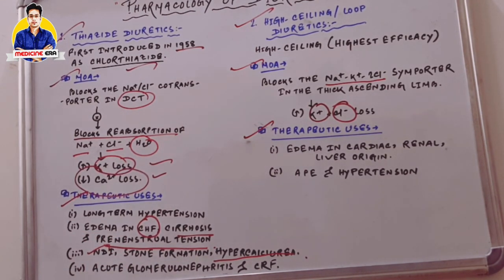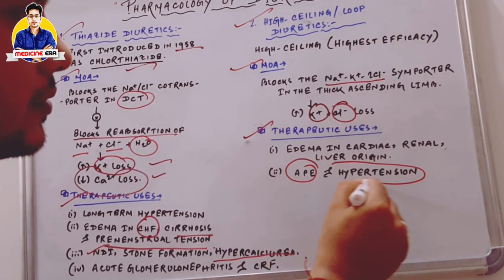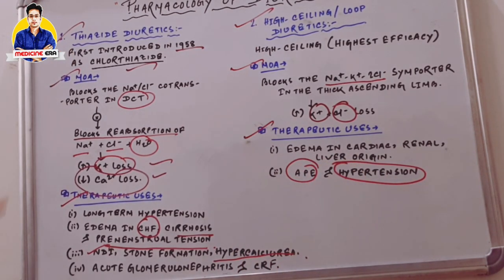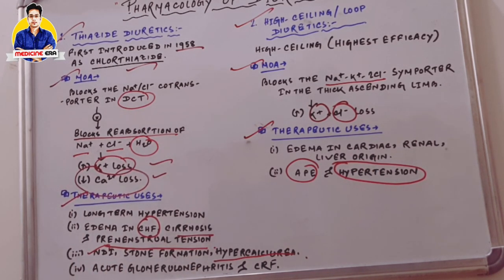Edema means the inflammation or accumulation of some fluid. So in case of accumulation of that extra fluid, you have to use the diuretics to deplete these extra fluids. In APE and hypertension, it is also used. APE means acute pulmonary edema. So these types of disorders mainly need that particular high ceiling or loop diuretics.